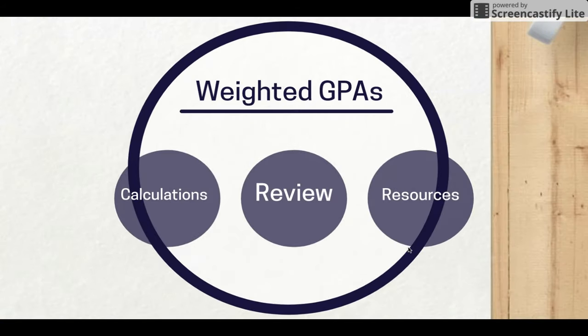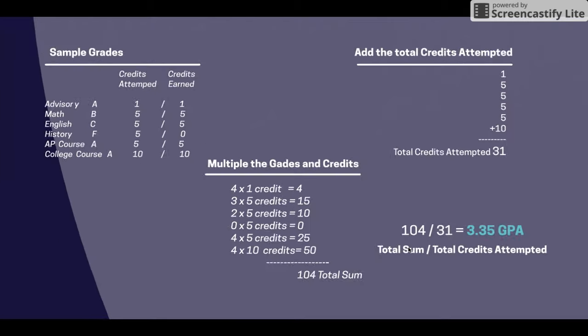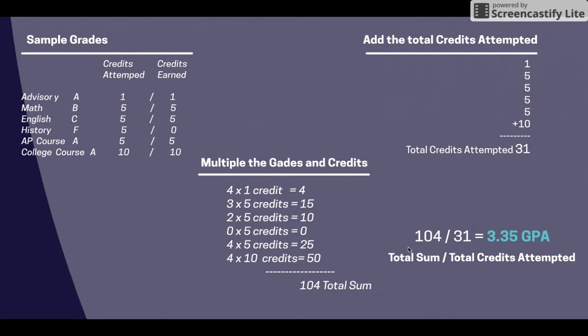Now, what about weighted situations? So we're going to use the same sample grades, but in this situation, we're just calculating a regular weighted GPA. We're going to give the AP course and the college course an extra point. So in this situation, the A's would equal 5 points, and we would use the 5 to multiply by the credits.